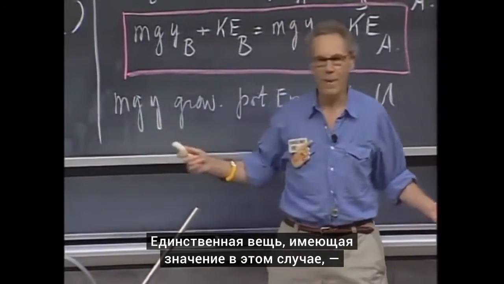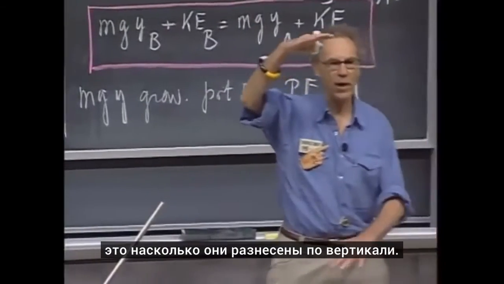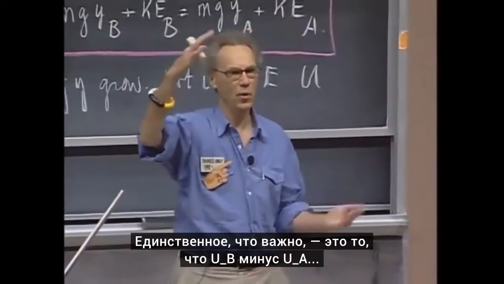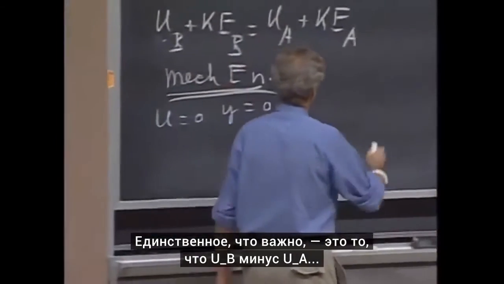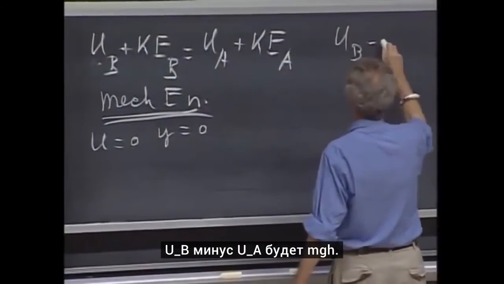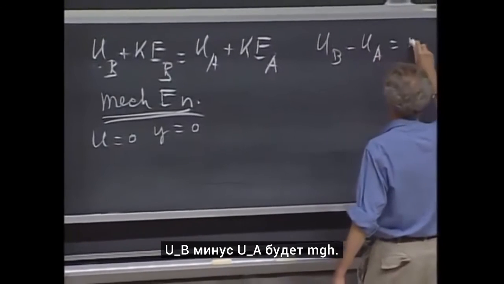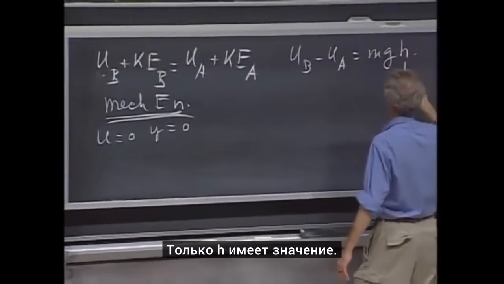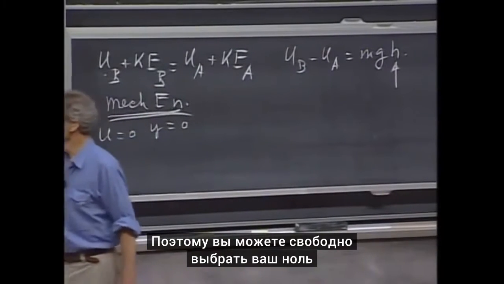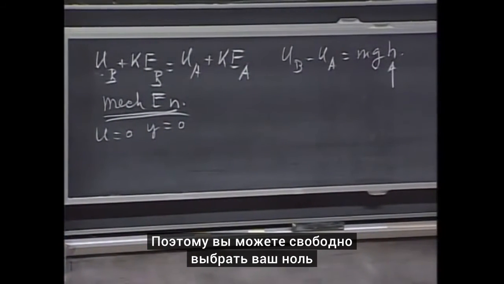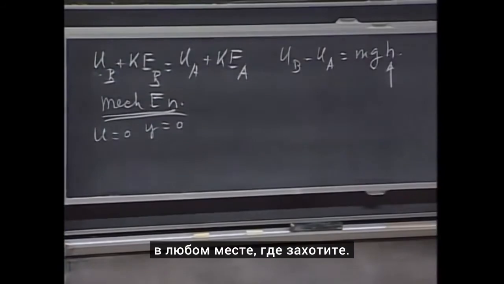The only thing that matters then is how far they are separated vertically. The only thing that matters is that ub minus ua would be mgh. It is only the h that matters. And so you can then simply choose u0 anywhere you want to.